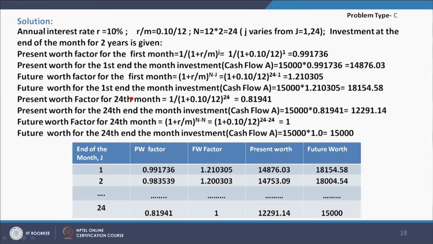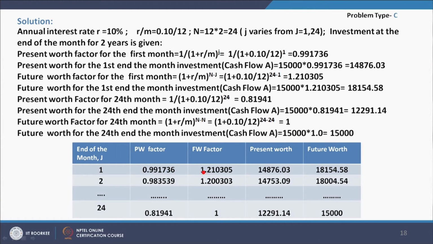So, the present worth factor for the first month is this, 1 divided by 1 plus R by M to the power J, and when we put J equal to 1, this comes out to be 0.991734.